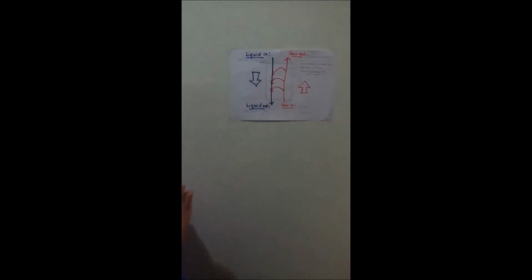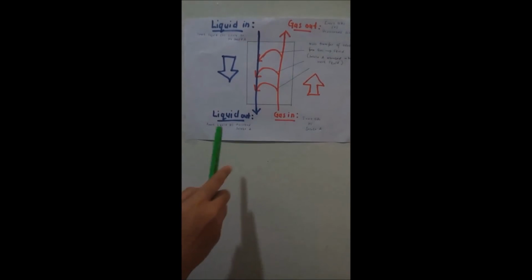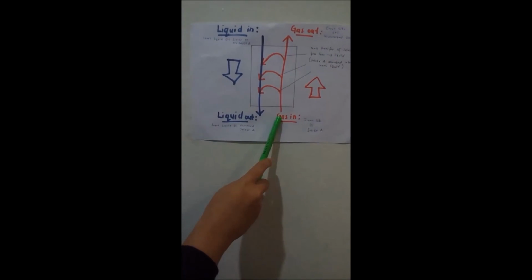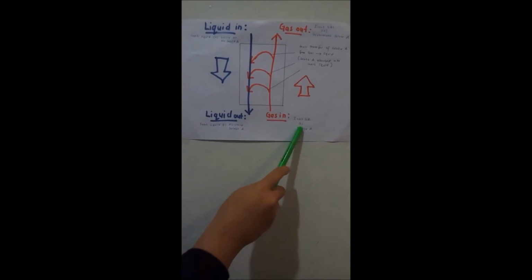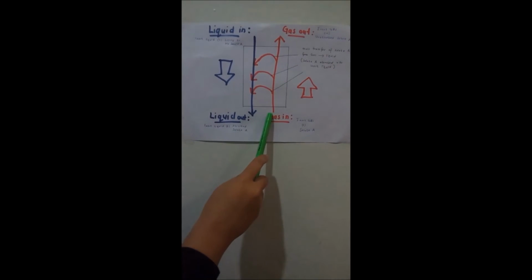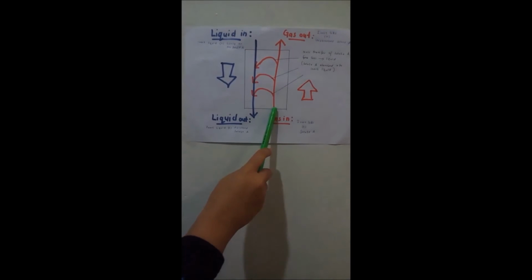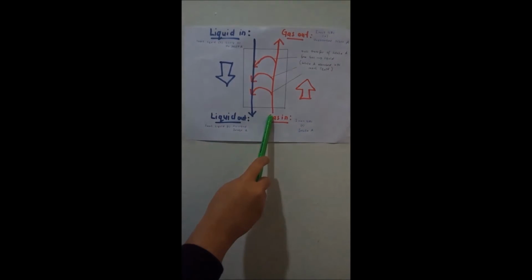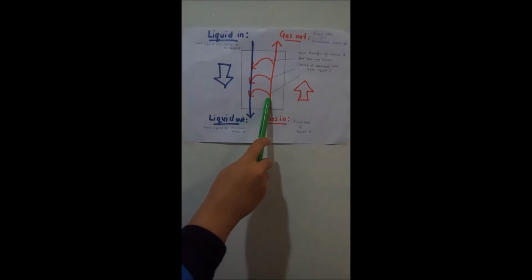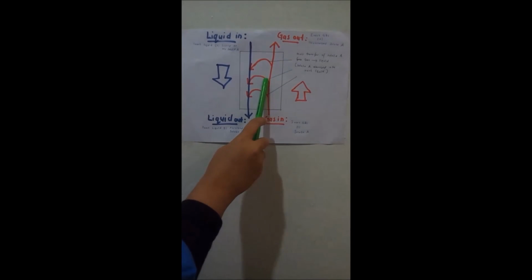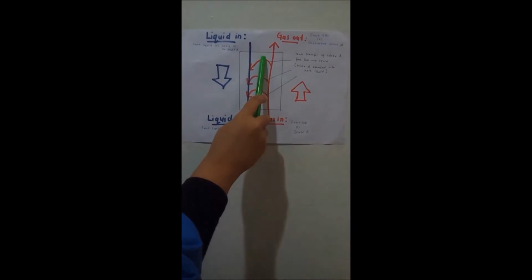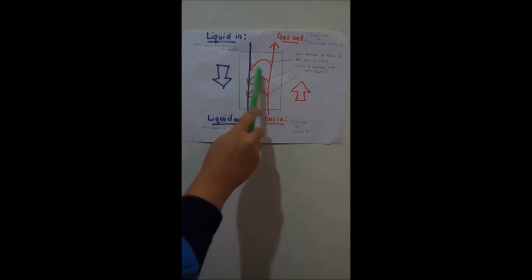For the second point, we know that gas that contains solute is introduced as feed at the bottom of the column. As the gas with the solute goes up the column, the amount of solute will decrease because the mass transfer process has happened.